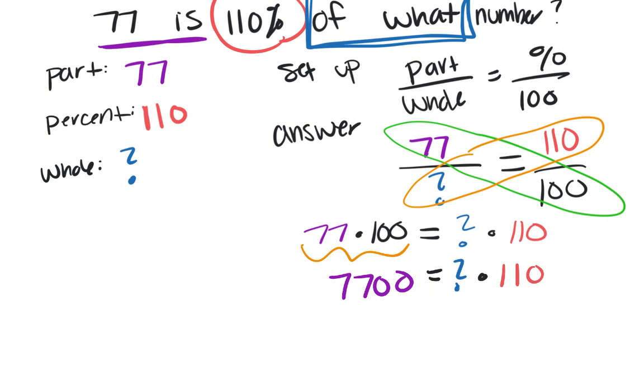So now my goal is to find out what is the question mark. But I have this times 110 attached to it. So I need to do the opposite thing. The opposite of multiplying by 110 is dividing by 110.